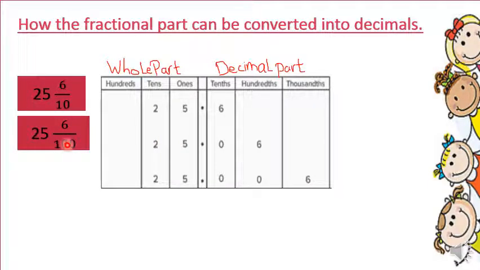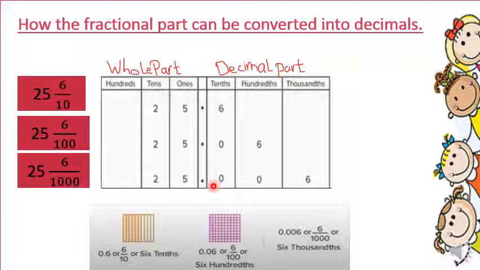This is hundredth, the second digit in the decimal part. What do we put in the empty space? We put 0. And the last one, 25 and 6/1000. It means in the third digit after the decimal point. 1, 2, 3. And we put zeros in the empty spaces.